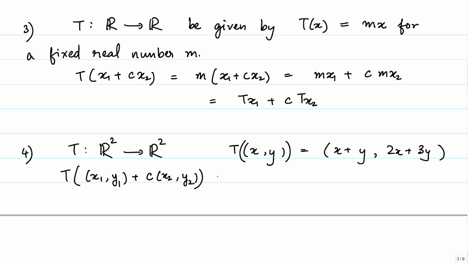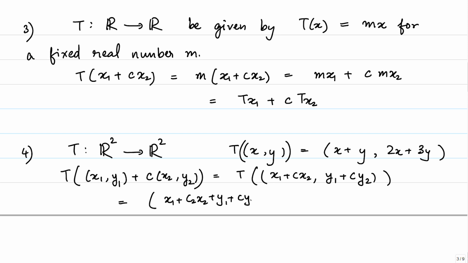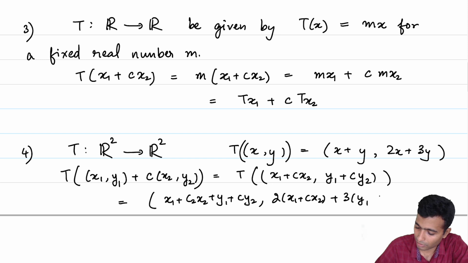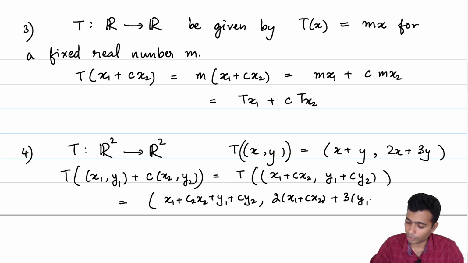So what would this be equal to? This is equal to T of x1 plus c x2 comma y1 plus c y2, which is equal to x1 plus c x2 plus y1 plus c y2 comma 2 times x1 plus c x2 plus 3 times y1 plus c y2.